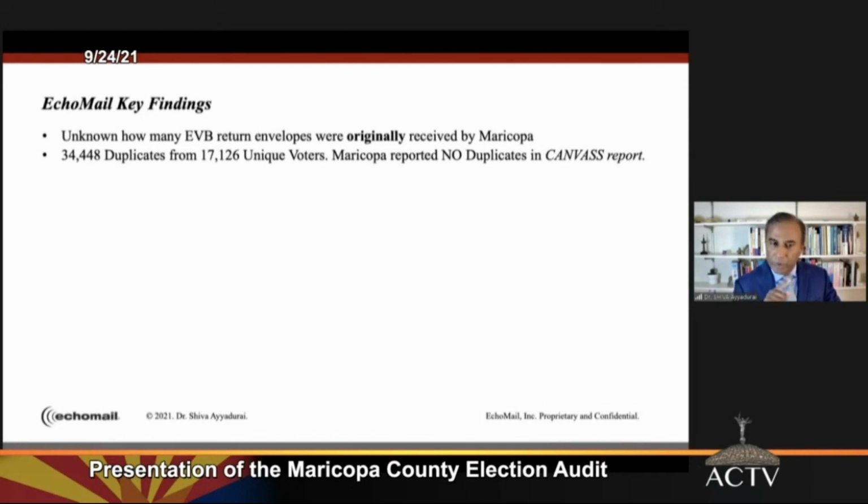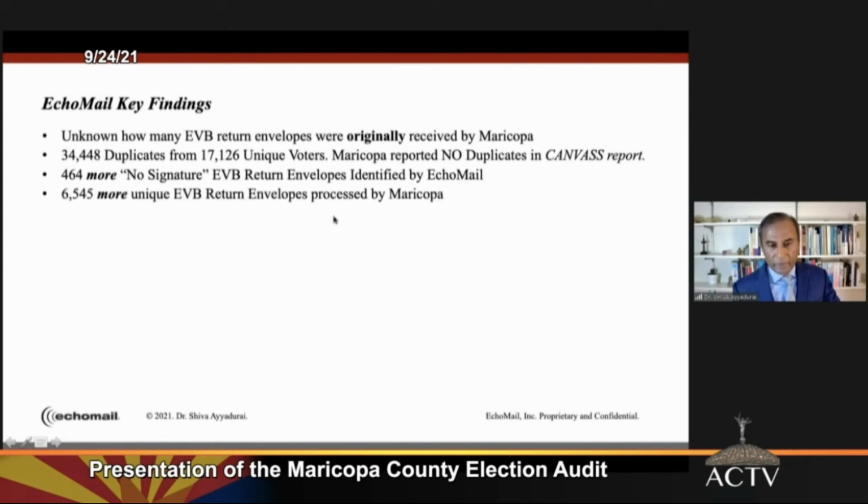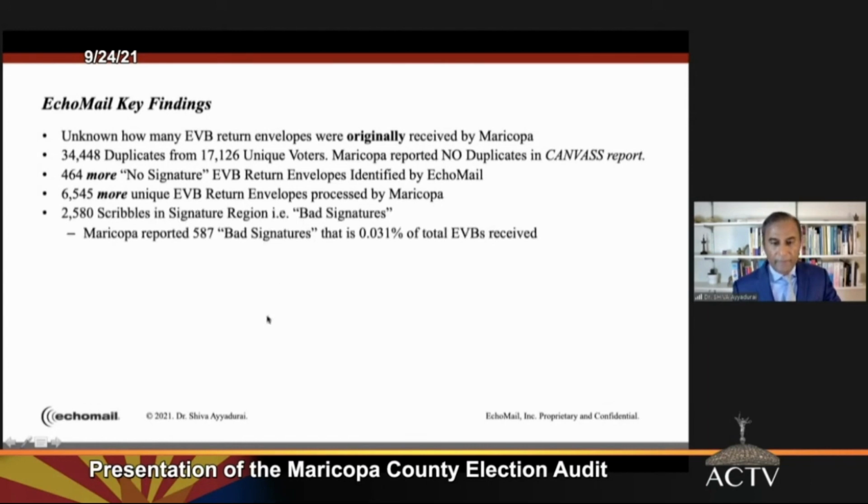It's actually duplicate images. Maricopa reported no duplicates in the Canvass report. We have 464 more no signatures between blanks that were identified by us versus Maricopa. Maricopa has 6,545 more unique EVB return envelopes.